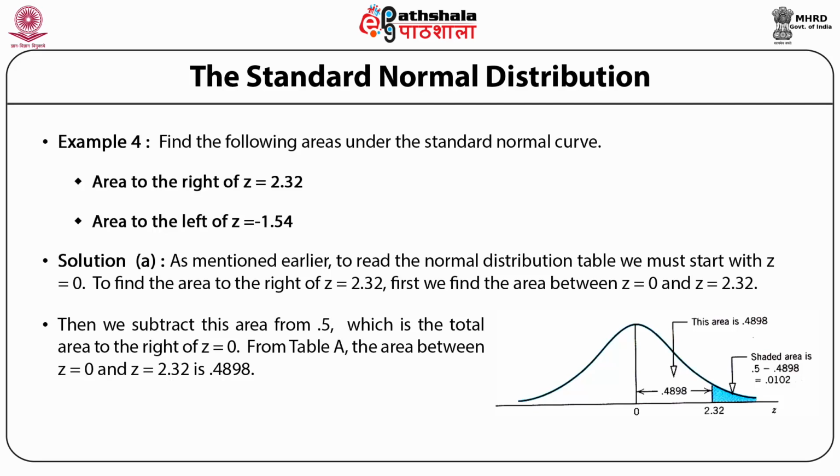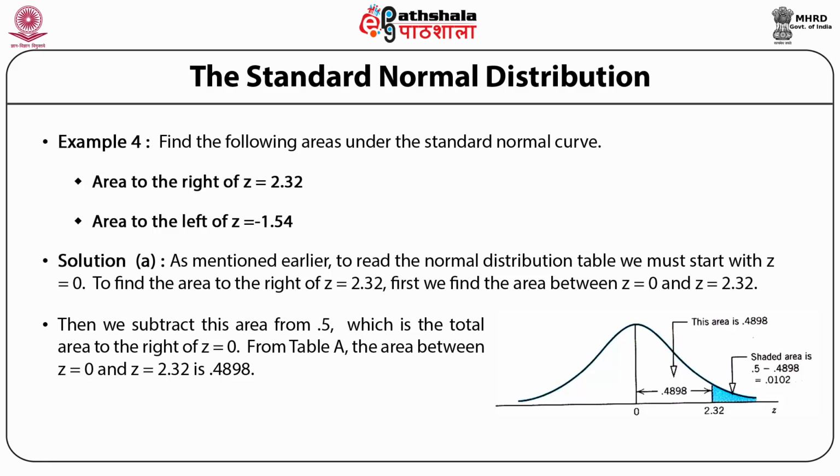From table A, the area between z equals 0 and z equals 2.32 is, we will see, 0.4898. Because the required area is to the right of z equals 2.32, we will find this by subtracting this area from 0.5. So 0.4898 is the area between 0 and 2.32.